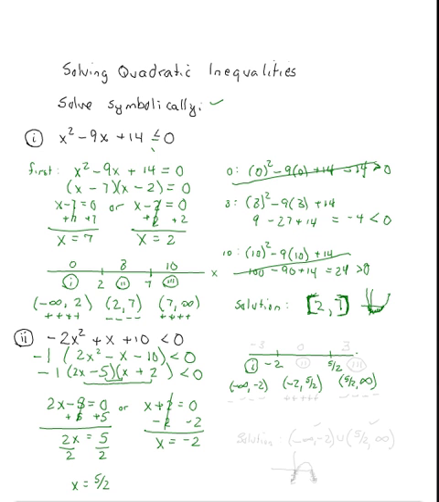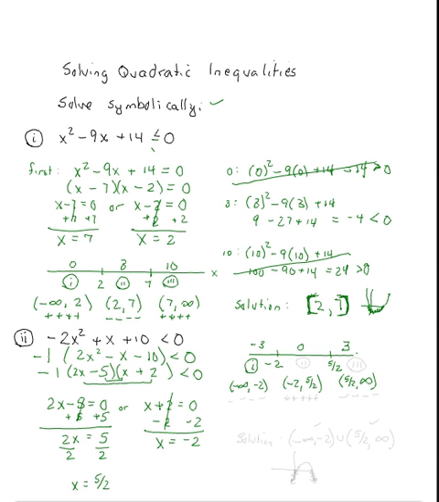A number smaller than negative 2? Well, we can test negative 3. Why not? A number between negative 2 and 5 halves, my favorite number to put in, 0. And a number that's bigger than 5 halves, but 5 halves is 2.5, so 3 is a sufficient number to plug in.